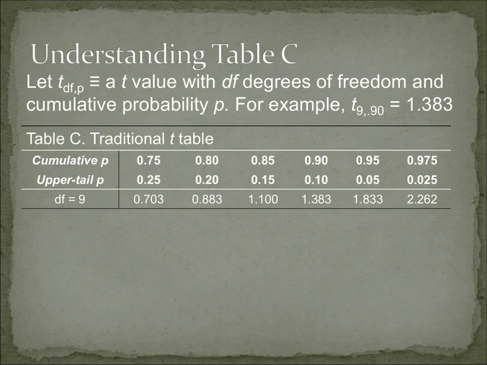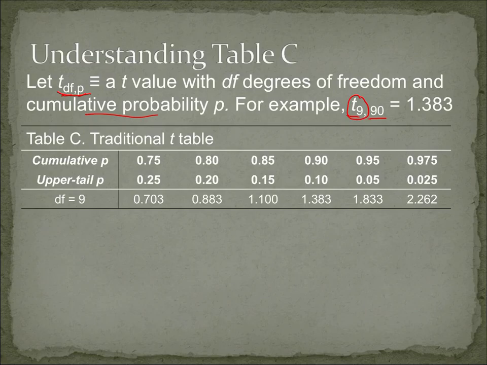associated with them. So an example of this is you had a t-value with degrees of freedom and the cumulative probability. It was always notated as t, degrees of freedom, and the cumulative probability. So if you had an example of t9, 0.90, you'll know that the 9 is the degrees of freedom and 0.90 is the cumulative probability.